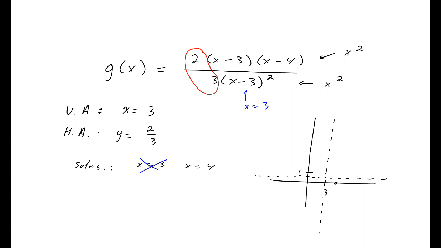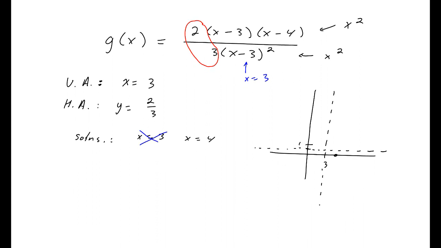So my function is going to approach that line. What I'm going to do is make a table. Let's pick some points. Let's take x equal to 5. Well, we'll have a positive denominator, positive, positive. It's going to be a positive. Now let me grab my calculator real quick.